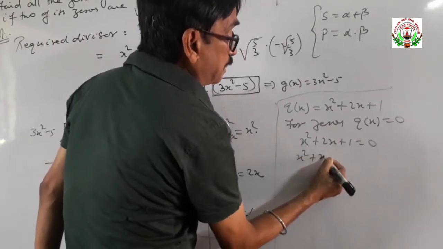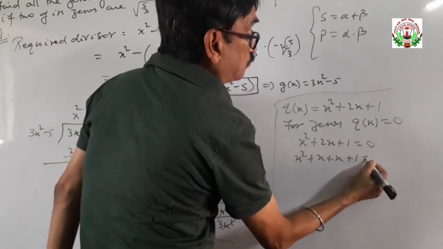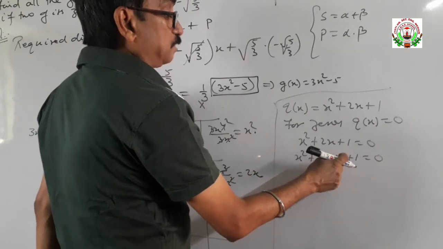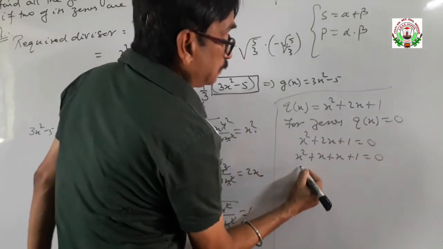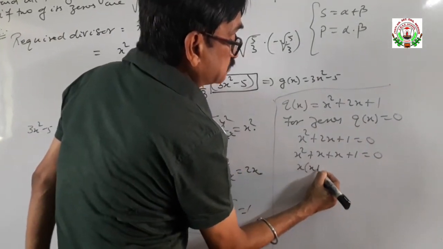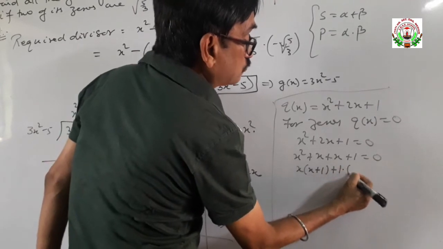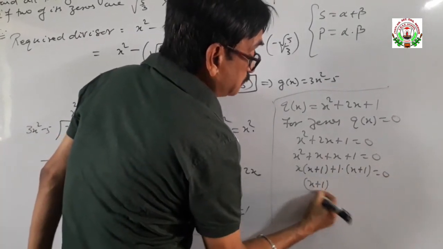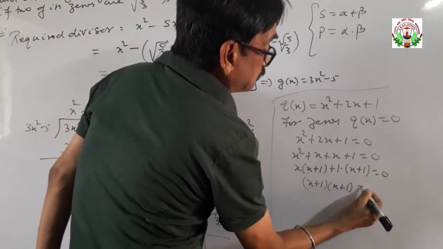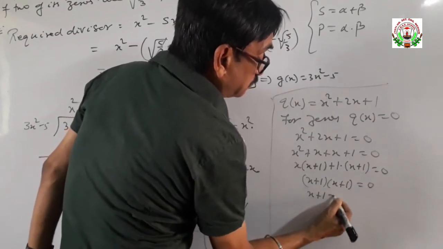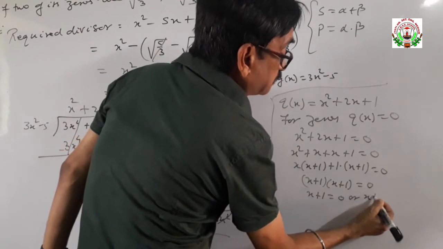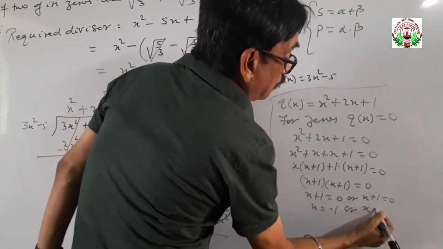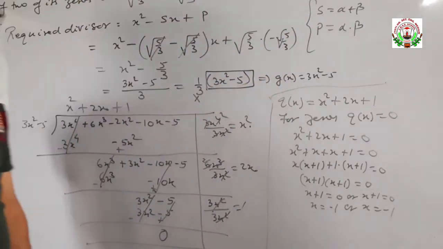Splitting the middle term: 1 plus 1 is 2 and 1 into 1 is 1. So x common, x plus 1 common, x plus 1 equals 0 or x plus 1 equals 0. So x equals minus 1 or x equals minus 1.